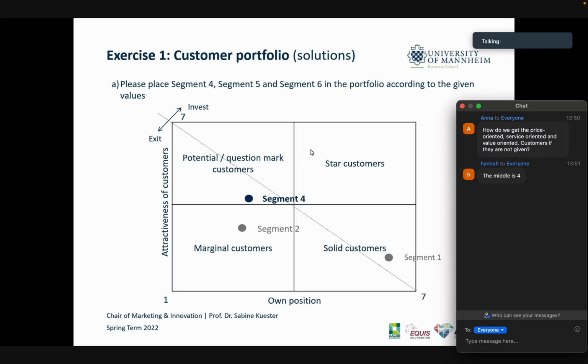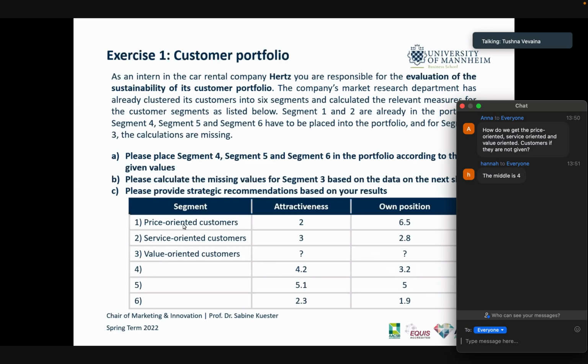The middle is 4. How do we get the price oriented service? That's just given to you. Yesterday as well, we had a question: price oriented, service oriented, value oriented. As you can see in 4, 5, 6, we don't have that. That's just given to you by the professor to segment your customers.